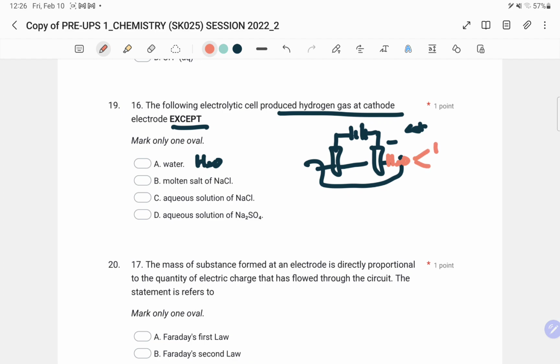So H2O kita ada H plus dan OH minus. So H plus lah, H plus akan produce hydrogen. So iyalah, yang ni ada. Dia kata accept. Molten NaCl. So molten NaCl, Na plus pergi kat sini, molten sahaja kan. So Na plus tak hasilkan hydrogen. So tak lah. So the answer is B lah.